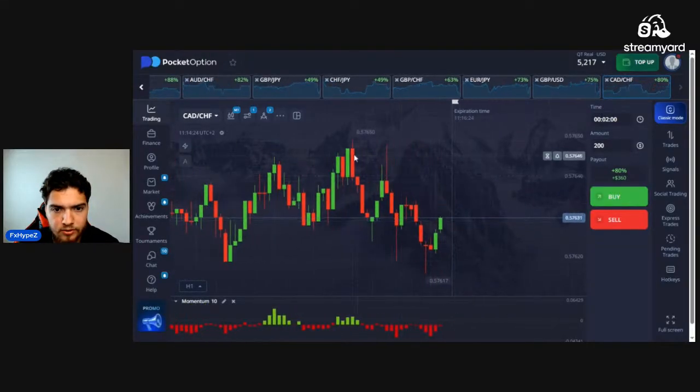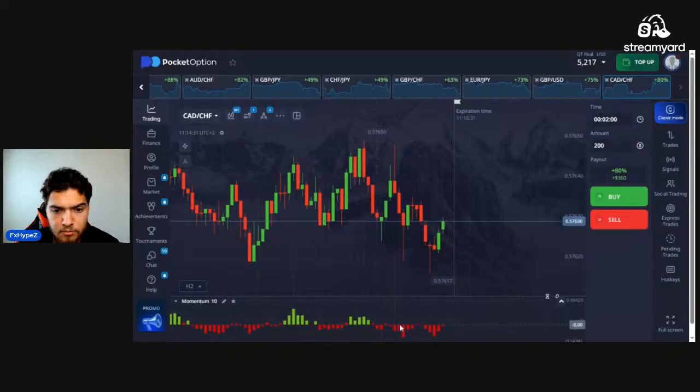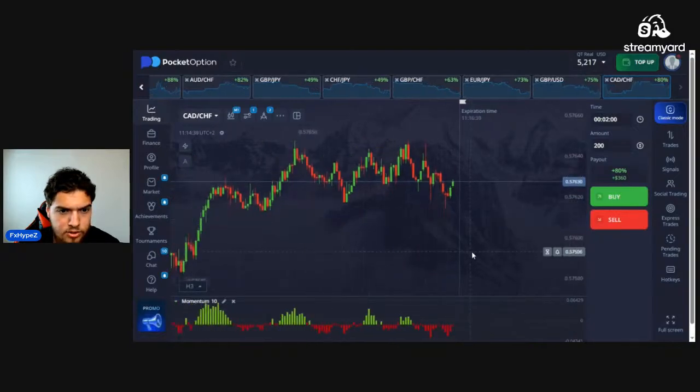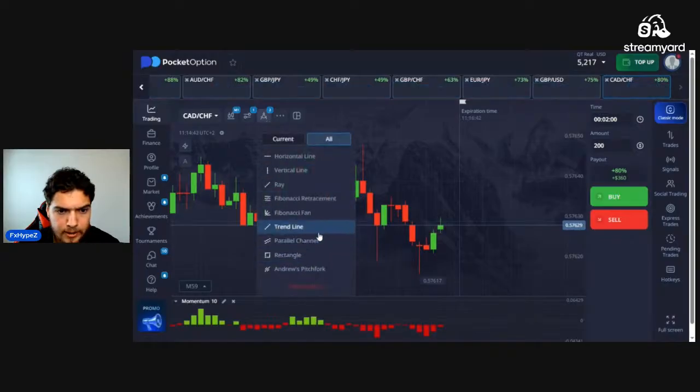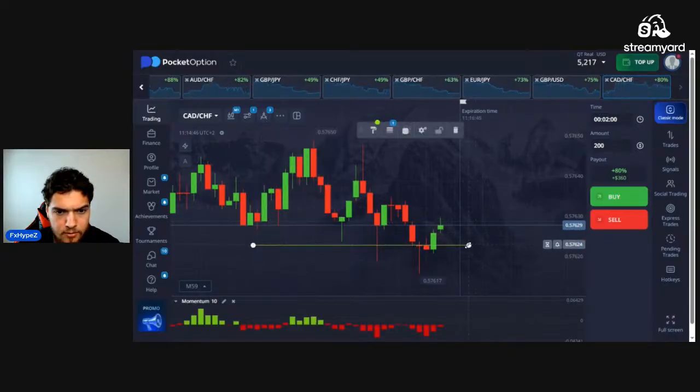As you can see, price is in this downtrend, forming lower lows and lower highs. And momentum is showing us that price is bearish. It's red. We're below the zero level. And what I'm pretty much looking at here is a simple support break. That's all I'm looking for here.